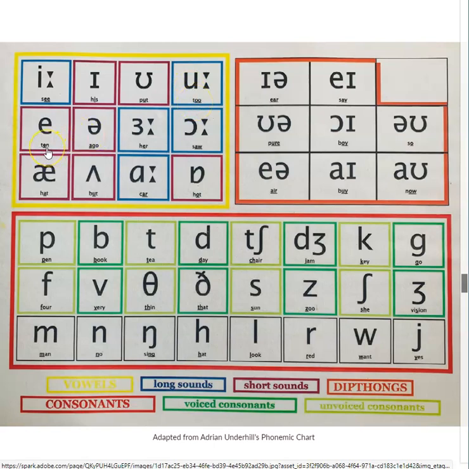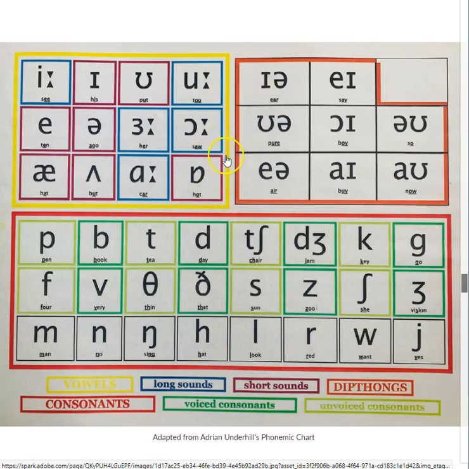Underneath we've got E as in ten, as in ago, as in her, or as in saw, as in hat, as in but, as in car, as in hot. So these are the short and long vowel sounds of English.